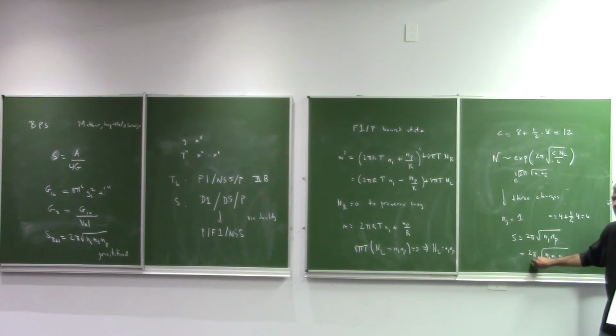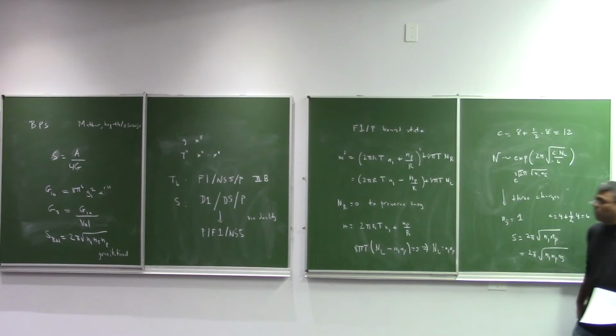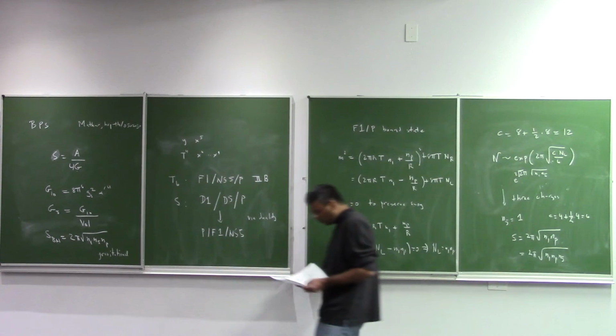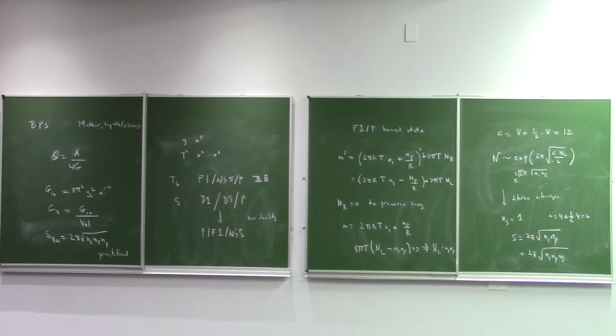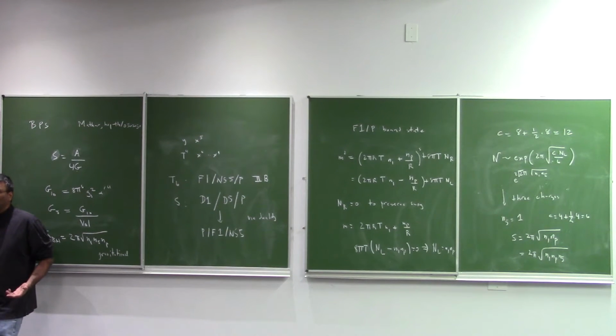That's good enough to compute for us the entropy, but that's not good enough to tell us what the black hole microstates are in the regime where the black hole actually exists. So Lunin and Mathur figured out how to construct these explicit microstates, and they wrote down metrics for this. I won't explain this in detail, but I want to give you some heuristic picture of what's going on.